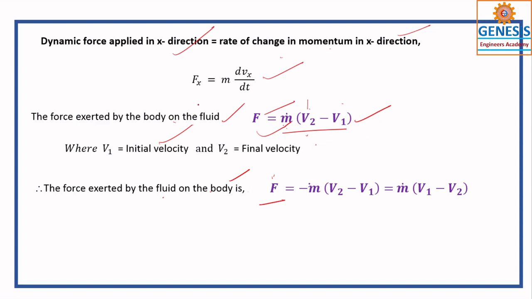The force exerted by the body is mass flow rate into final velocity minus initial velocity, so it is just opposite to that. That is why we have to use the minus sign. So this becomes mass flow rate into initial velocity minus final velocity. This is the basic equation we use for the derivation of the force exerted by the fluid on the body in different cases.